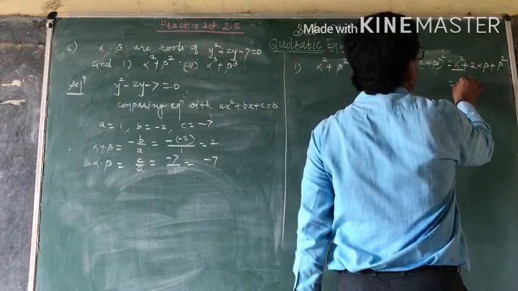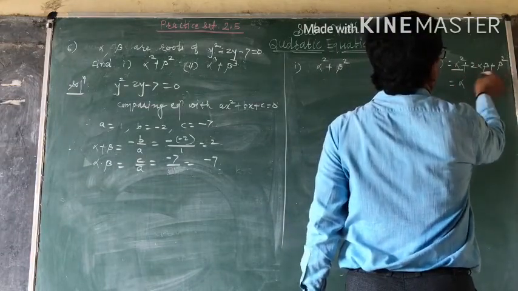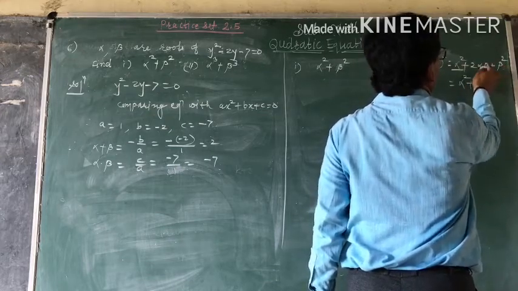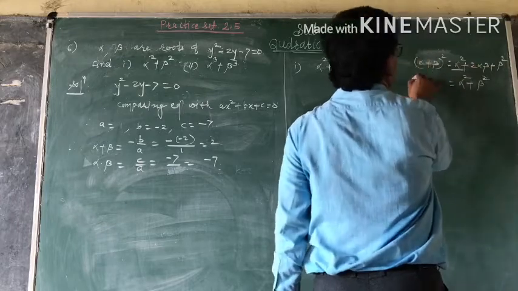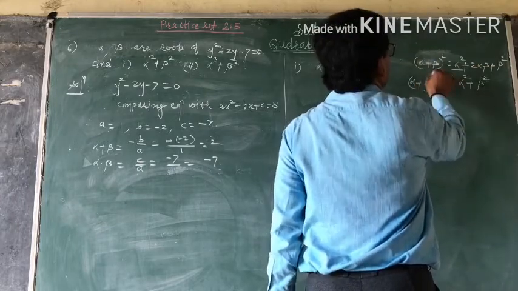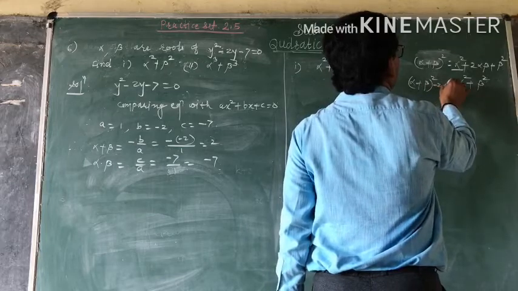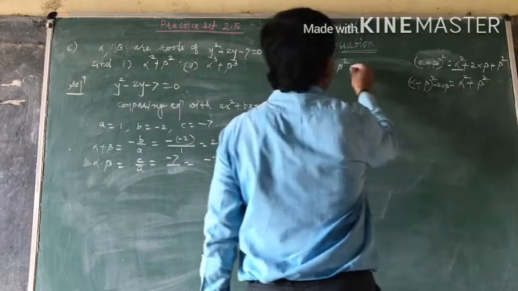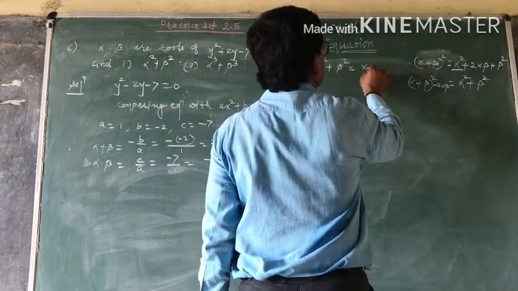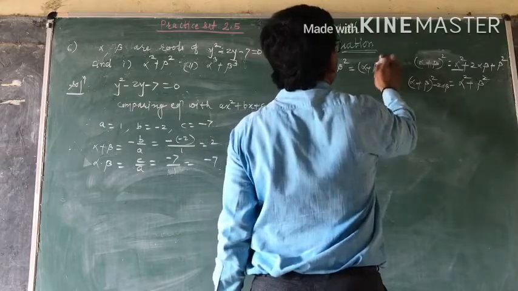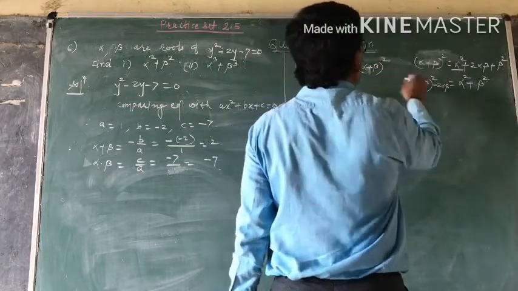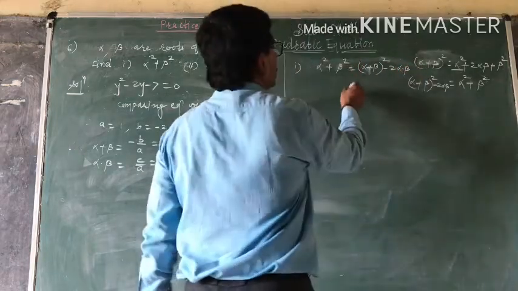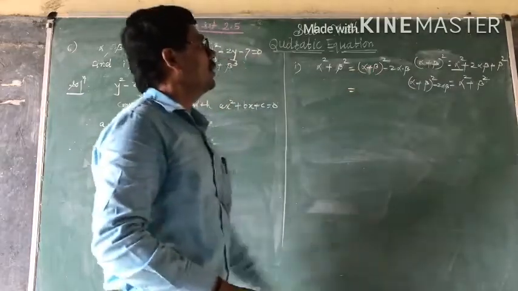If you take these two terms and transfer the middle term to the left hand side, alpha plus beta bracket square minus 2 into alpha into beta. From this, alpha square plus beta square is equal to alpha plus beta bracket square minus 2 into alpha into beta, and from this you know the value of alpha plus beta and alpha into beta.